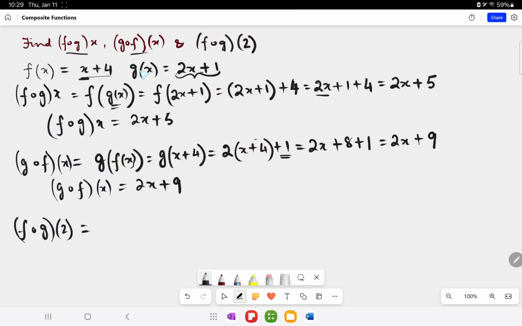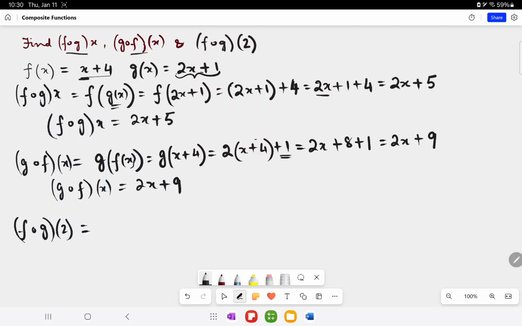It is not f of g of x, so it's not correct to plug in 2 into this one. Neither is it correct to plug in 2 into the 2x plus 1 because this is just g of x. We have to plug the 2 into the f of g function, which is the first one that we worked here, 2x plus 5. That's the expression in which we have to plug in this 2.